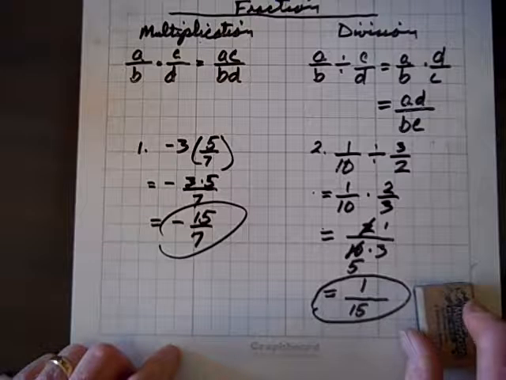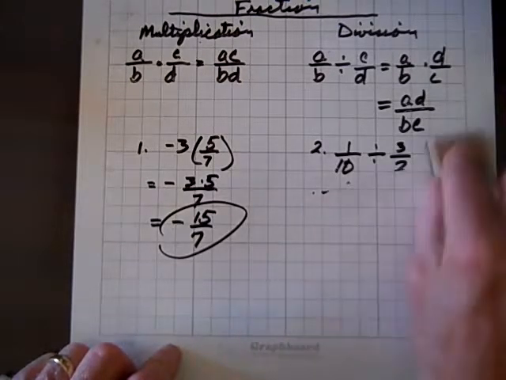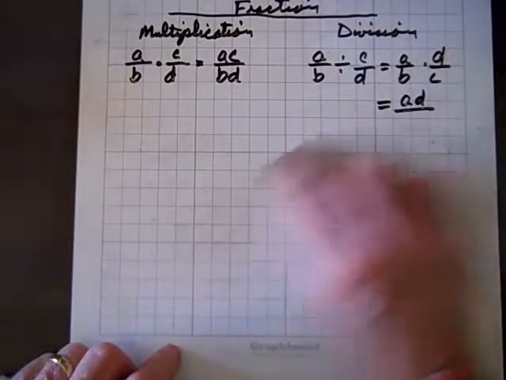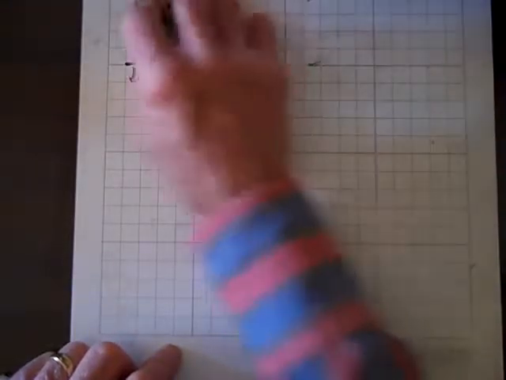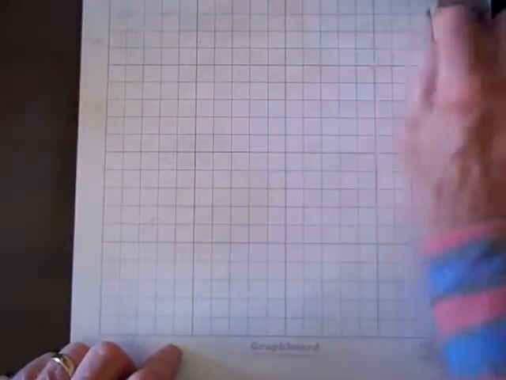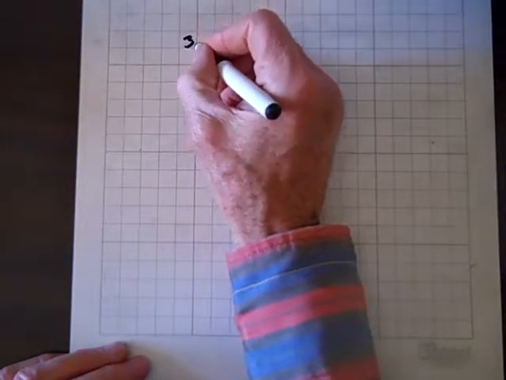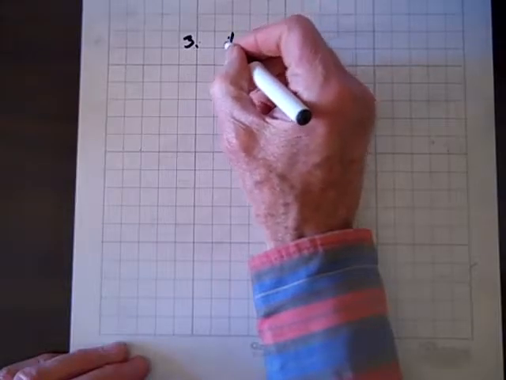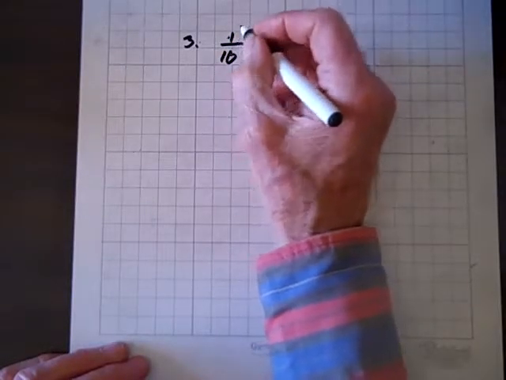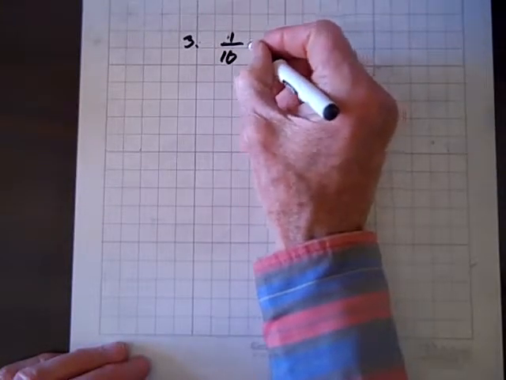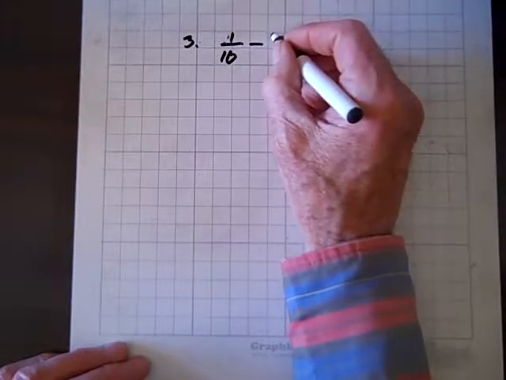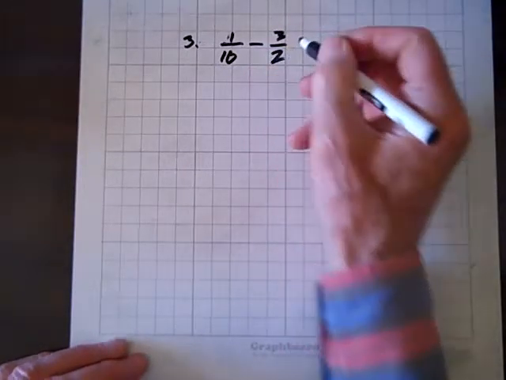But hold on, we're going to do one more, and that is, we're going to add fractions. And when you add fractions, you have to get a common denominator. So I have number 3, 1 over 10 minus 3 over 2.